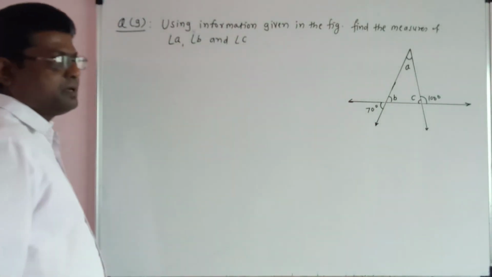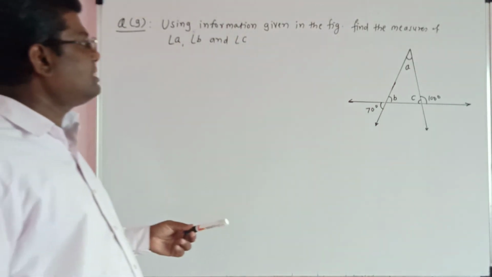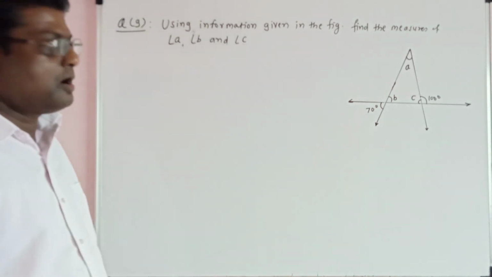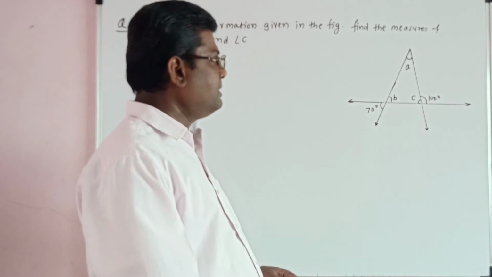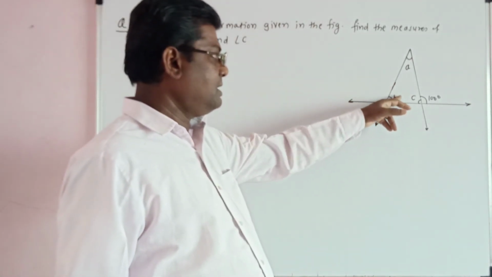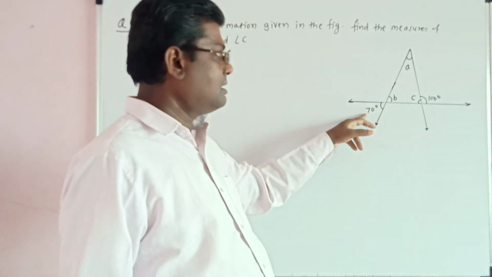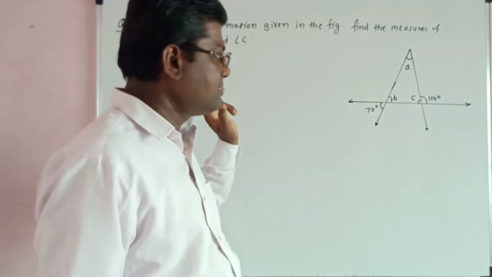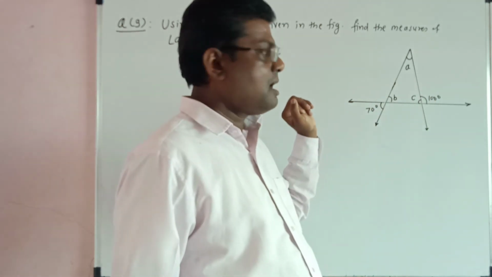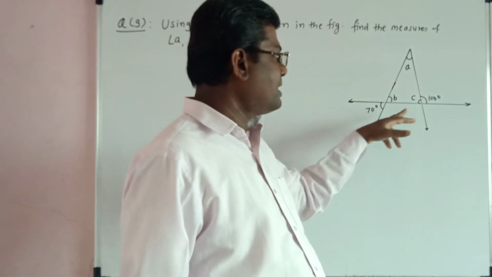Now example number 9. Using information given in the figure, find the measures of angle A, angle B, angle C. Now let's see. Angle B is equal to 70 degrees, vertically opposite angles. Angle C and the 100 degree angle are angles in a linear pair.